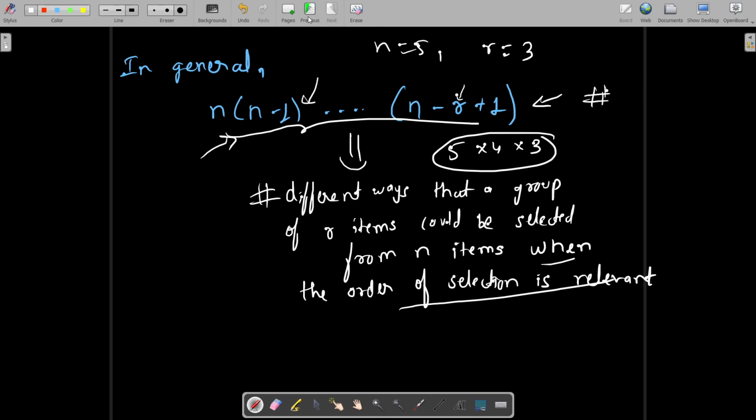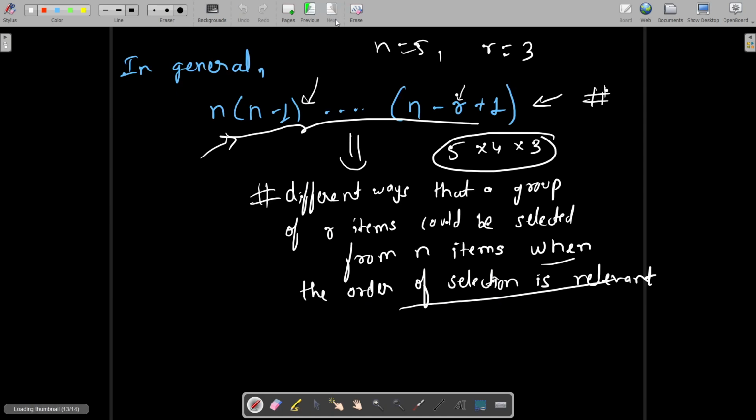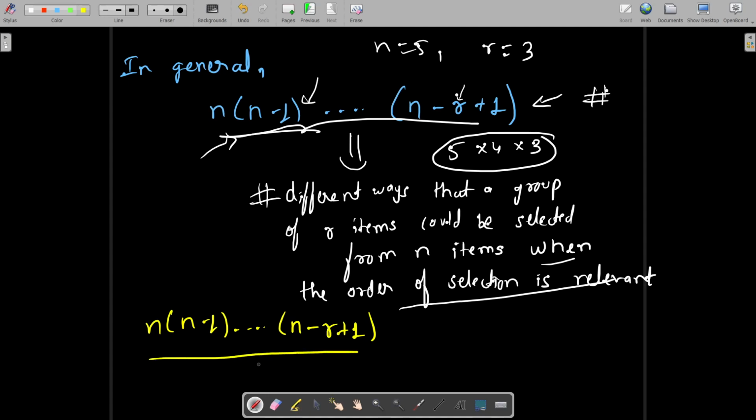This is what we saw here, that r was 3, so they were counted 6 times, or in general r factorial times. So what we have to do is divide the number that we got. I'm writing with a new color here, n into n minus 1 until n minus r plus 1, and we have to divide it by r factorial.